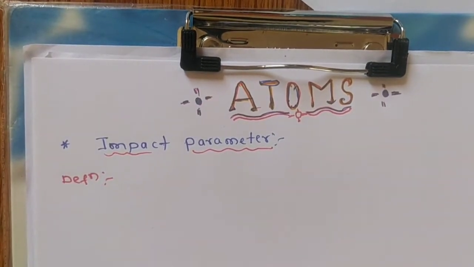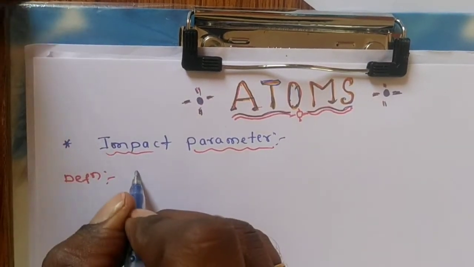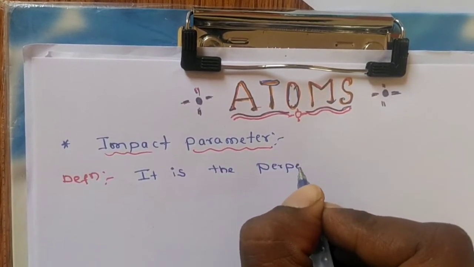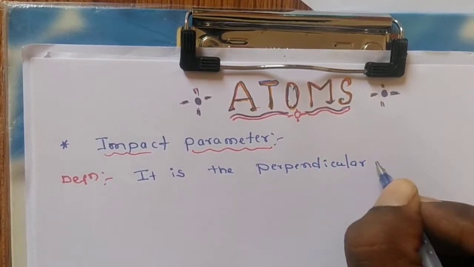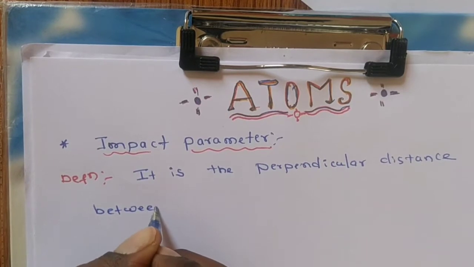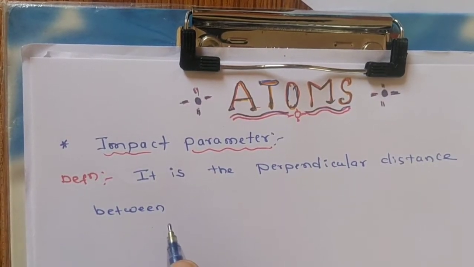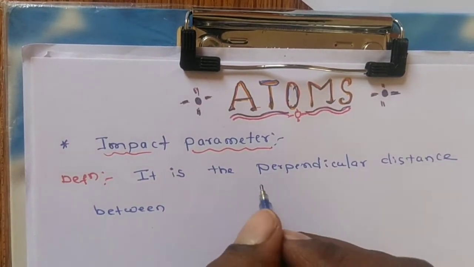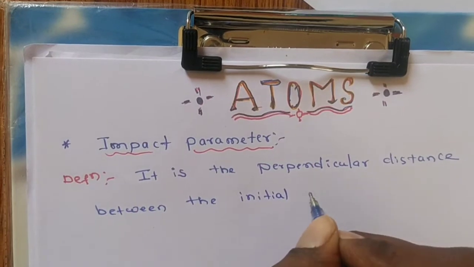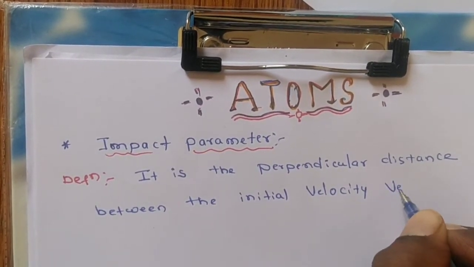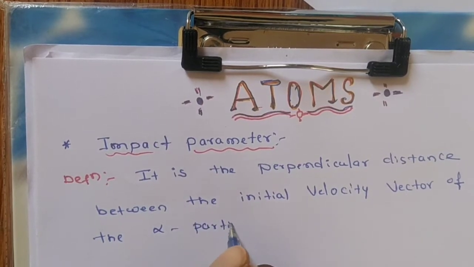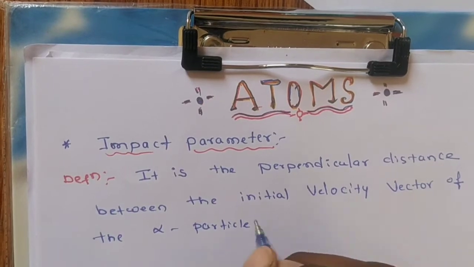Definition: it is the perpendicular distance between the initial velocity vector of the alpha particle and the center of the nucleus.